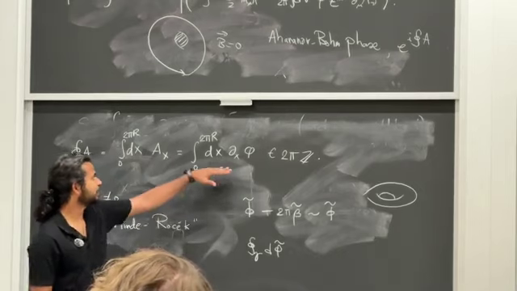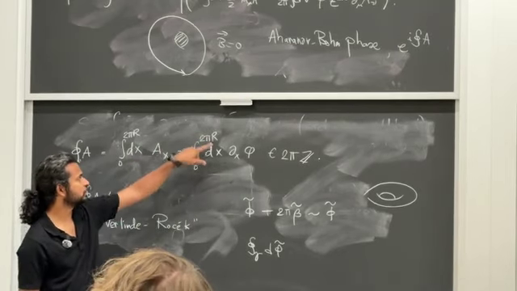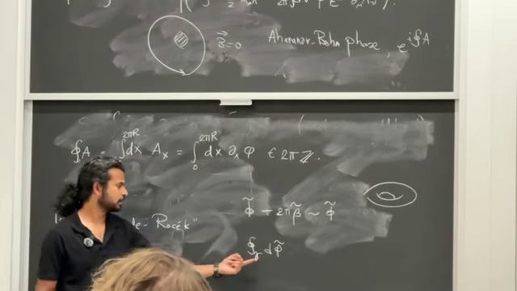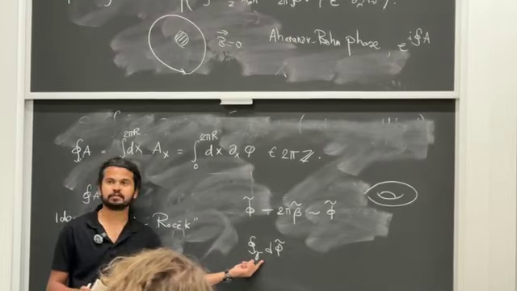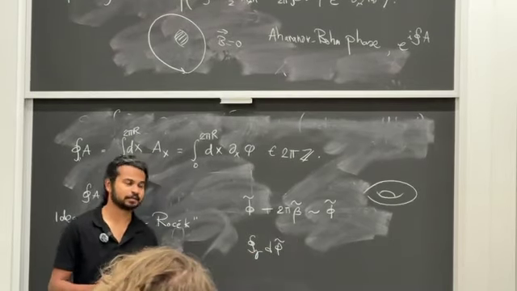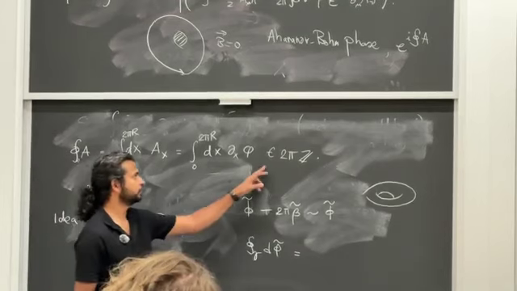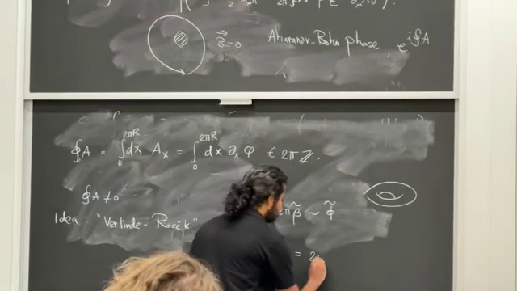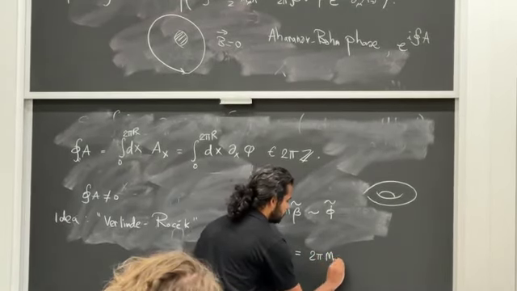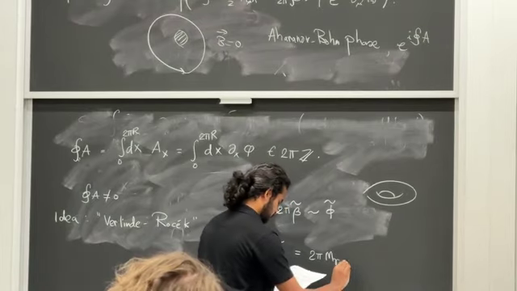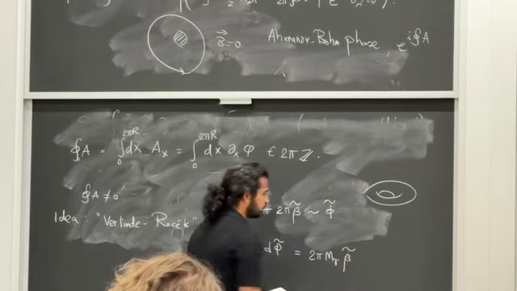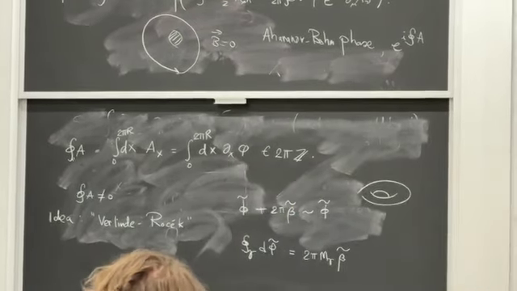So just like here, integrating over a circle of d phi, we are integrating over a curve gamma of d phi tilde, and this has to be what? This has to be 2 pi sum m gamma times beta tilde, just like here.